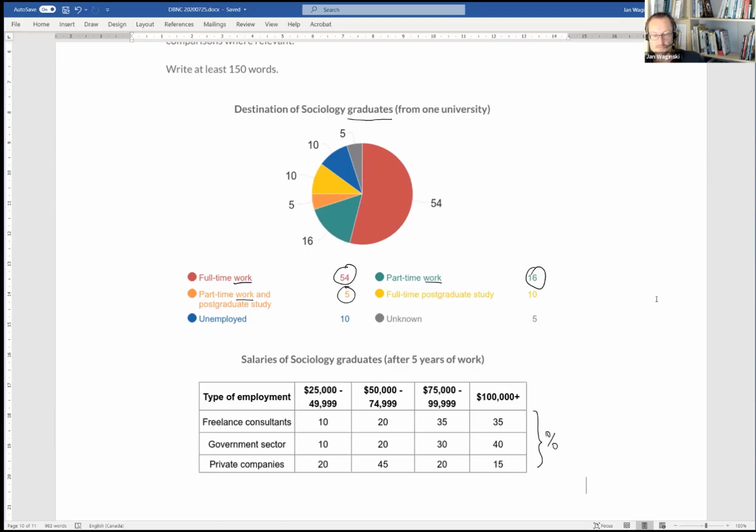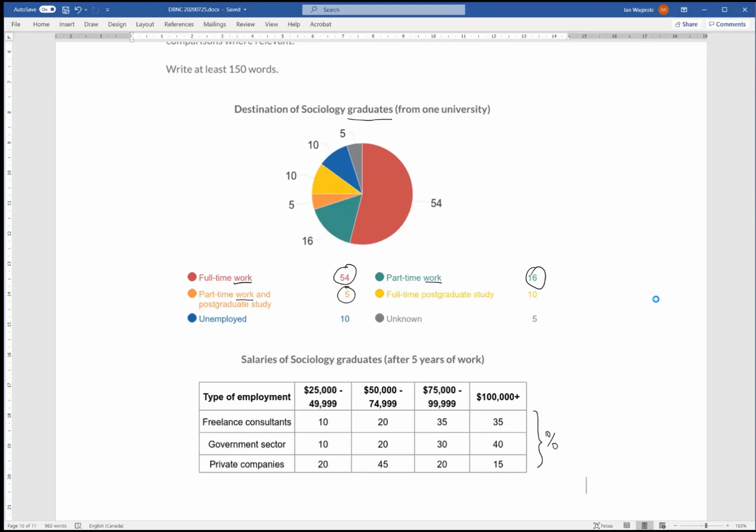Okay, so what do we say about these freelancers? What's noticeable about the freelancers? Second highest paid group. For the highest salary. From 75. Well, freelancers and government were the same for the two lower categories.